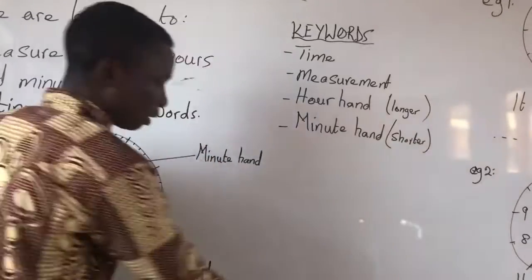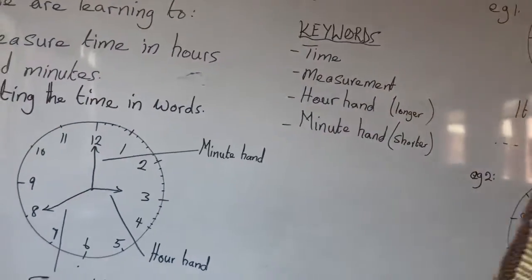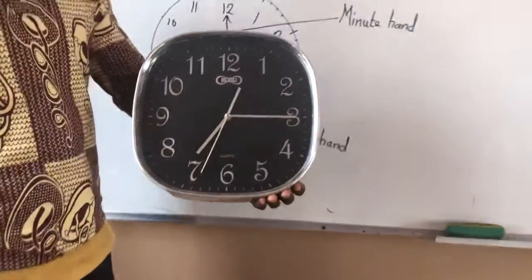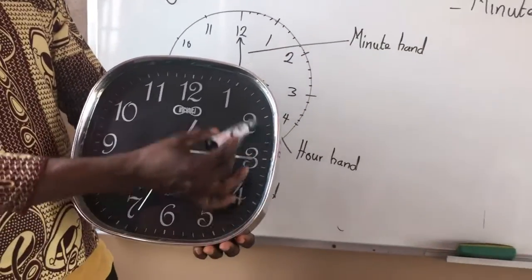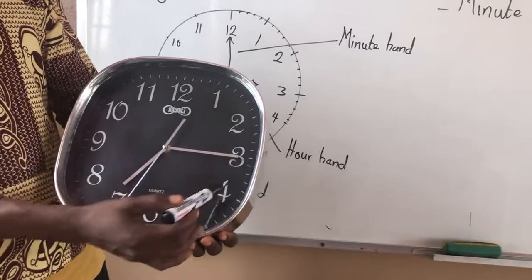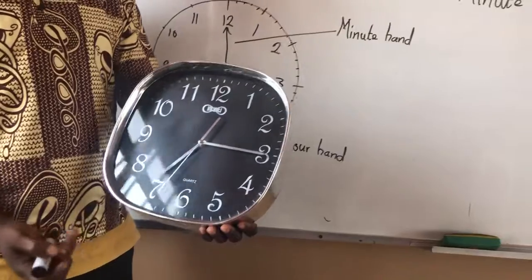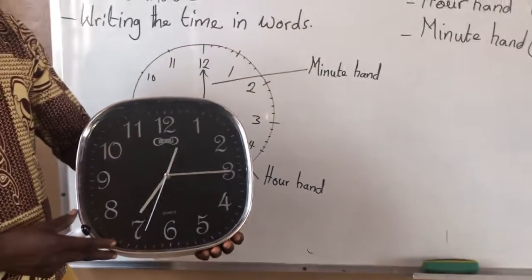Let's quickly look at our clock. On my clock here, you can identify numbers and some sticks, or arrows, on the clock. Look at it carefully.